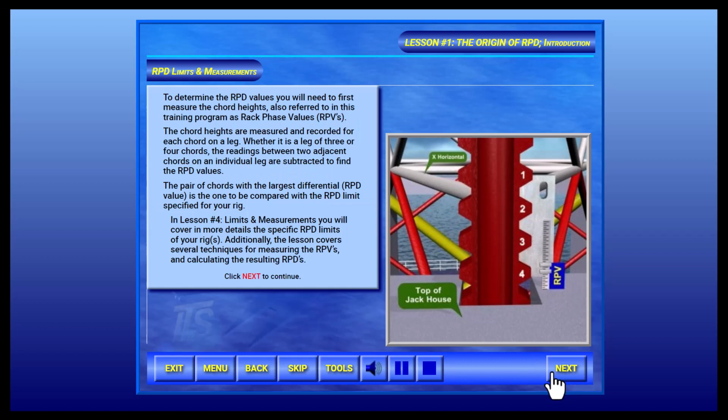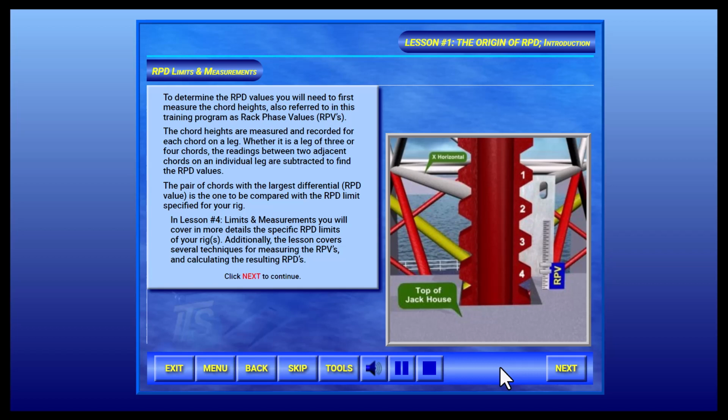To determine the RPD values, you will need to first measure the cord heights, also referred to in this training program as rack phase values, RPVs. The cord heights are measured and recorded for each cord on a leg. Whether it is a leg of 3 or 4 cords, the readings between 2 adjacent cords on an individual leg are subtracted to find the RPD values.